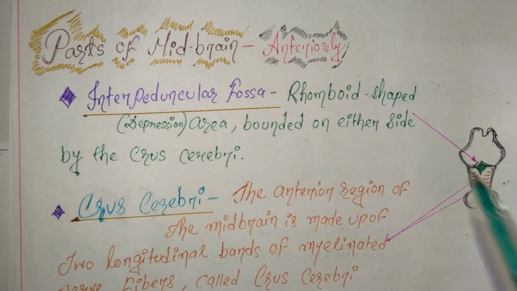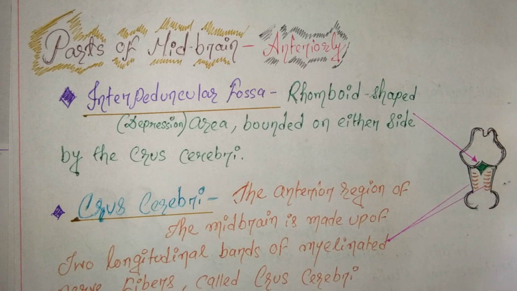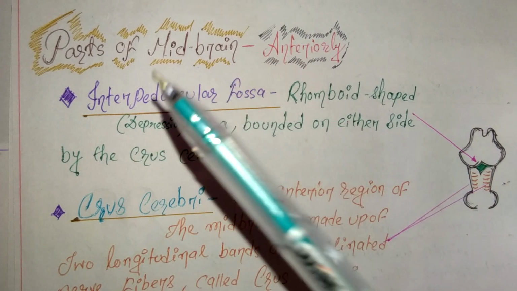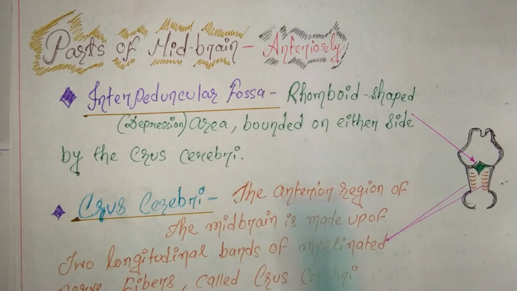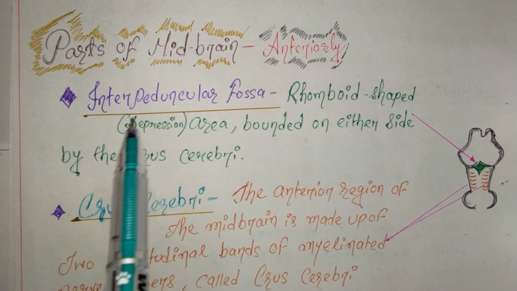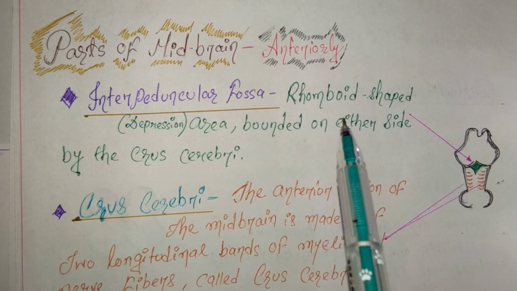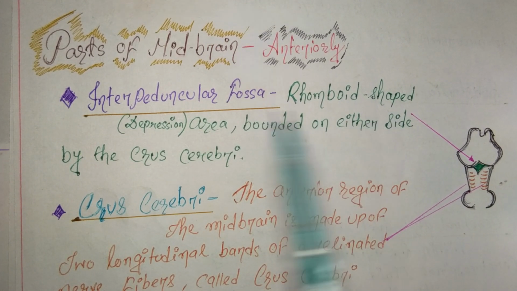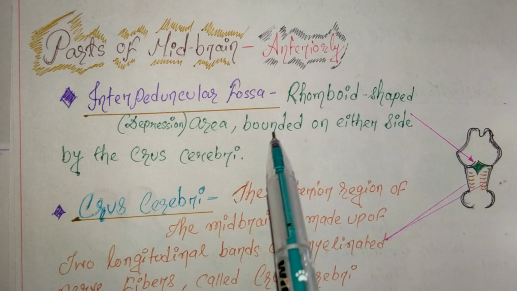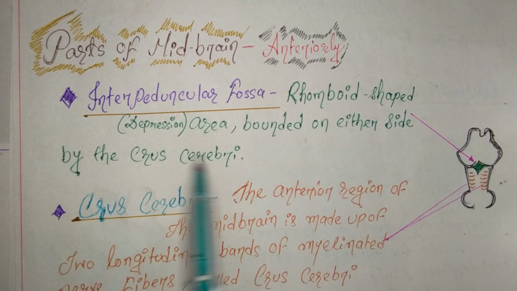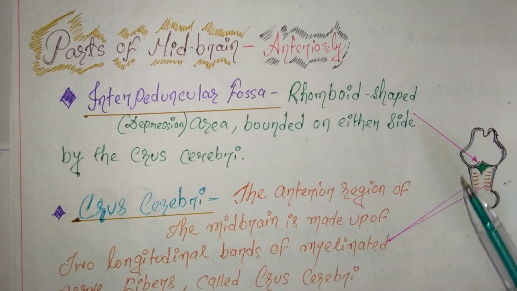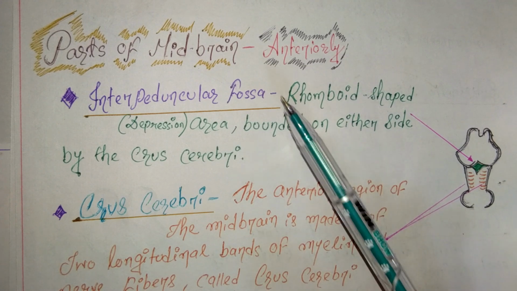So if you just see midbrain from the front, let's see what we will see. First one is interpeduncular fossa. It is a rhomboid shaped or depressed area bounded on either side by the crus cerebri. So this is the front of midbrain.